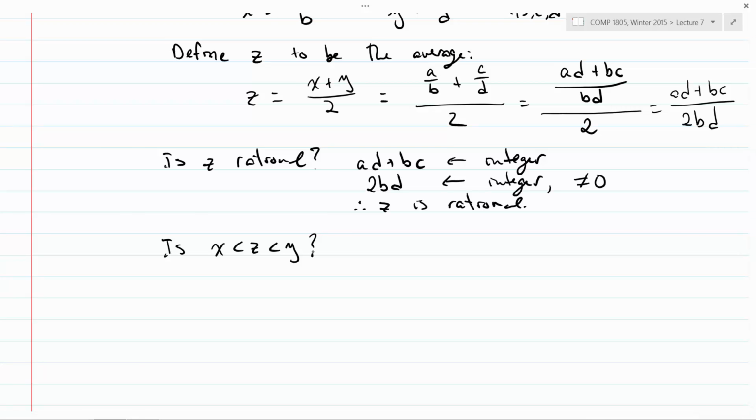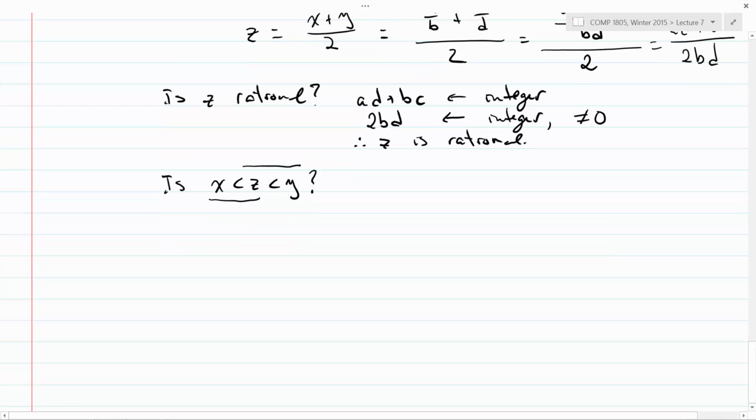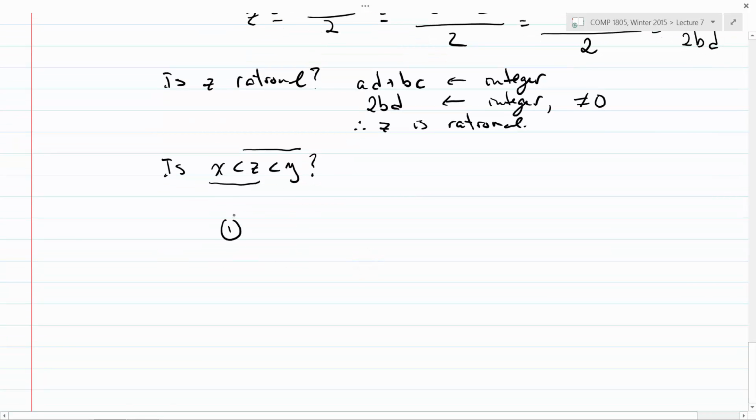Okay, and notice that this really is the order because I assume that x was smaller than y. So I have to do two parts to this, really. I need to do this part here, and I need to do this part here. That's the easiest way I know how to do it. Okay, so let's start with the first part. I want to prove that z is bigger than x.